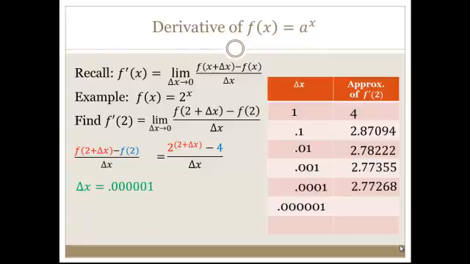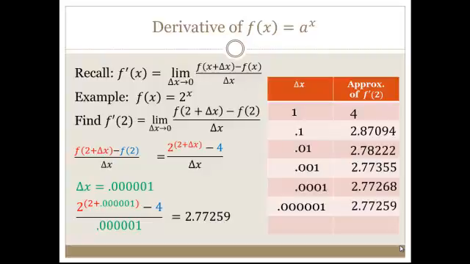Moving on to delta x equals 0.000001, we calculate 2 to the 2 plus delta x minus 4 over delta x to be 2.77259, which agrees with our last approximation in the first three decimal places.